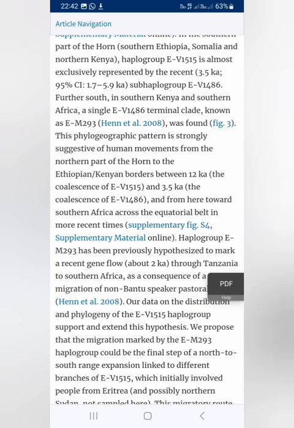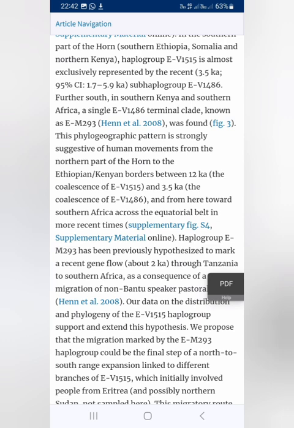Haplogroup EM293 has been previously hypothesized to mark a recent gene flow through Tanzania to South Africa as a consequence of a migration of non-Bantu speaking pastoralists. Our data on the distribution and phylogeny of the EV1515 haplogroup support and extend this hypothesis.